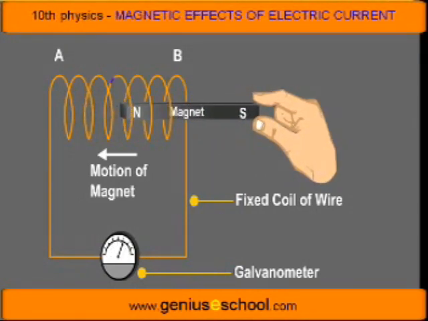This current causes a deflection in the galvanometer pointer. When the magnet is moved out quickly from inside the coil, even then a current is produced in the coil. This current also causes a deflection in the galvanometer pointer but in the opposite direction.